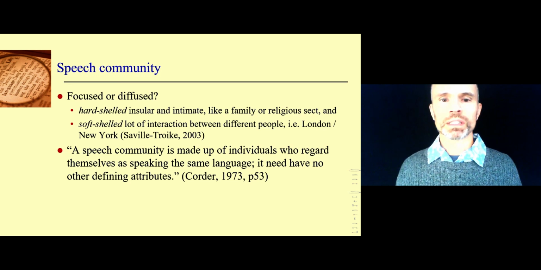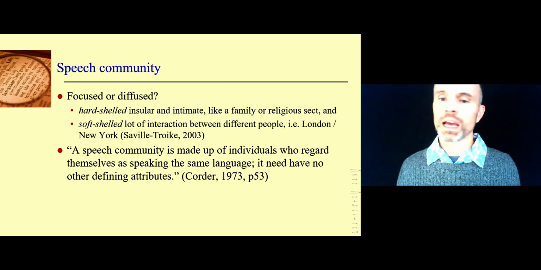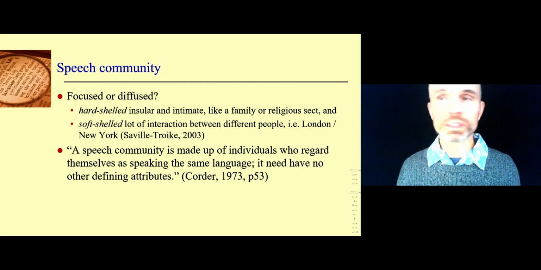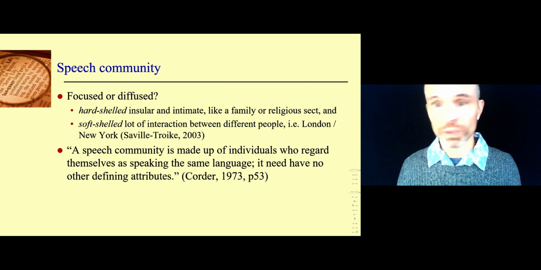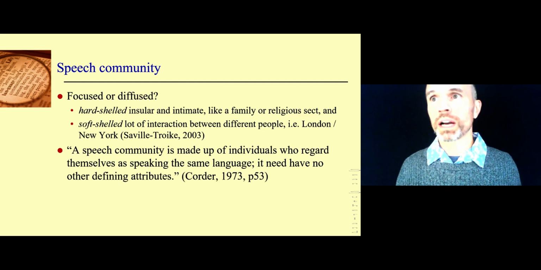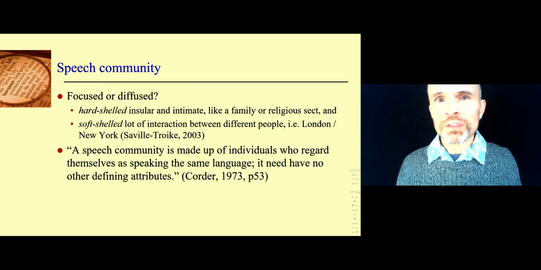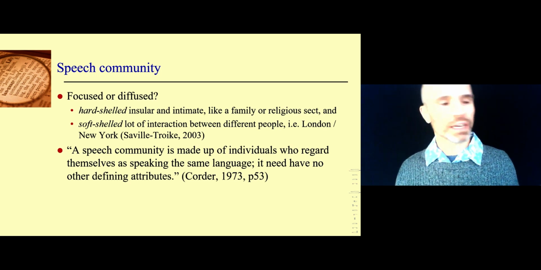A speech community is made up of individuals who regard themselves as speaking the same language. It need have no other defining attributes. Corder is using a very loose definition here, but I think it does capture that idea that you can have a place like New York or London or other major cosmopolitan cities where you've got all kinds of people with all kinds of backgrounds, but they do have certain features that make them similar enough, right?